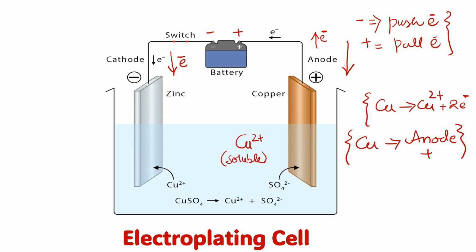The anode has the ability to pull the electrons. So the anode will pull electrons from copper.